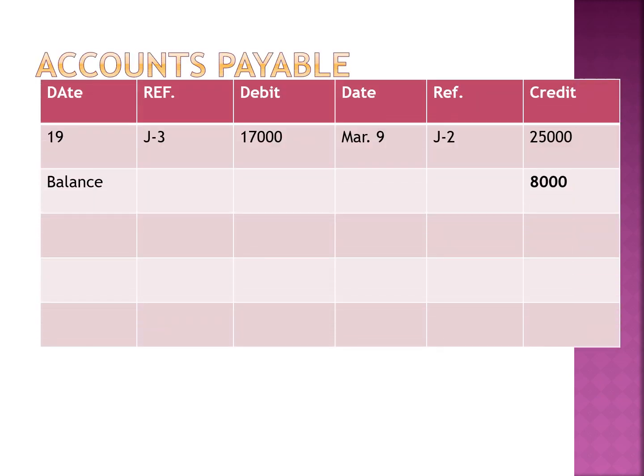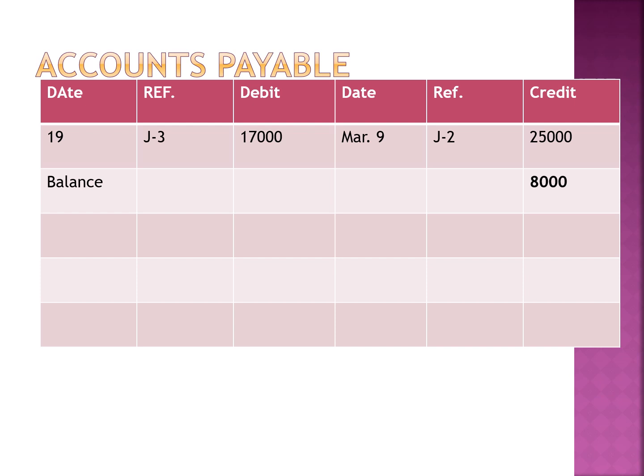Accounts payable. On March 9, we credited accounts payable 25,000 for the supplies bought on account, on journal page 2, slide number 2 of my general journal. Then on March 19, the company partially paid the accounts payable, so we credited cash there amounting to 17,000.